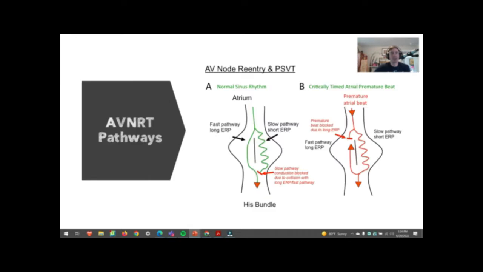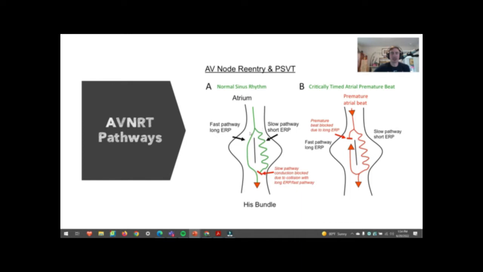Now, how does AV nodal reentry work? Well, what you see is during a normal sinus rhythm, the impulse is conducted from the SA node, and there are 2 pathways that it can go down through this conduction system.